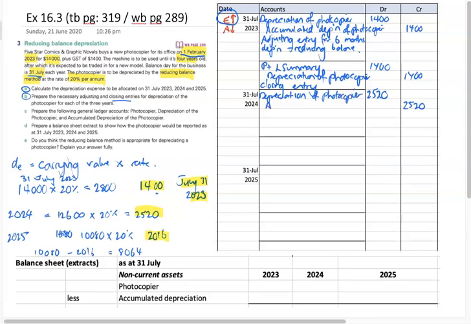And our credit is accumulated depreciation of photocopier. And as much as possible, don't abbreviate. I'm doing it just to make it a little bit easier because there's not much space.